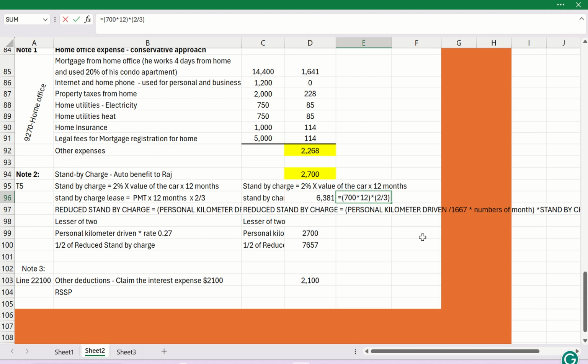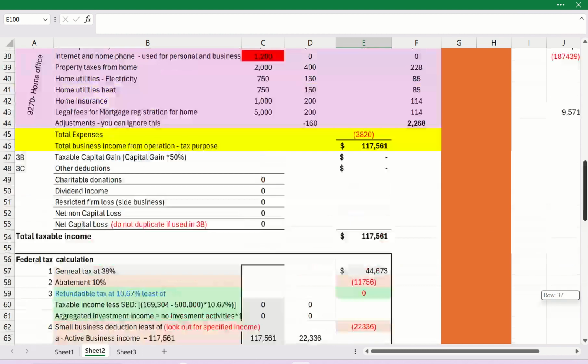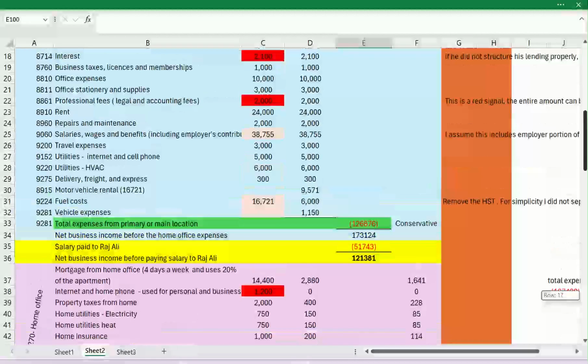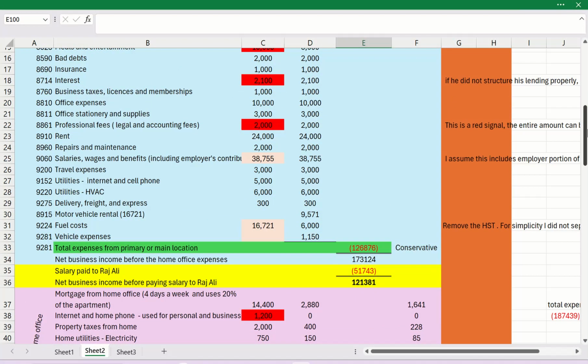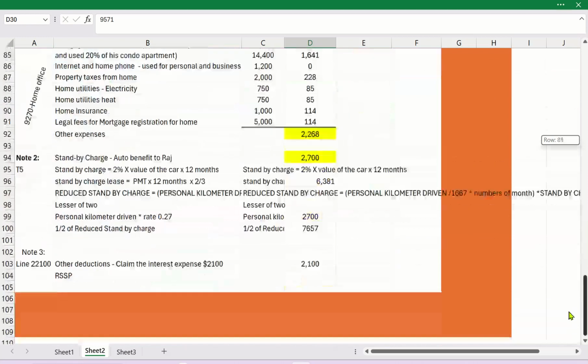Now, this is not the reduced part. This is the standby. This is different because I showed you a different amount. If I change this amount to 800, it would be different, right? If I change this amount to $1,000, it would be different. In our case, it was 9,571.